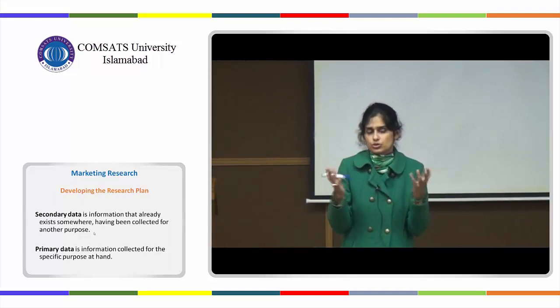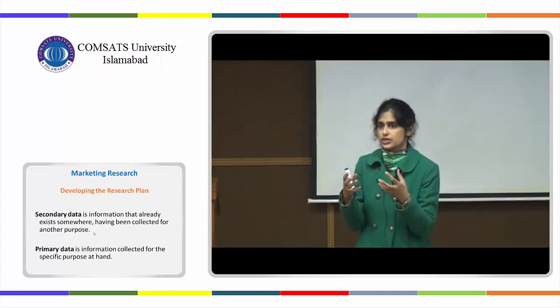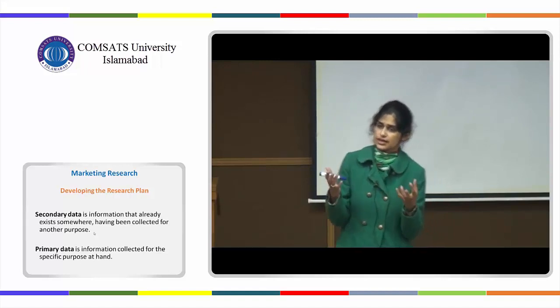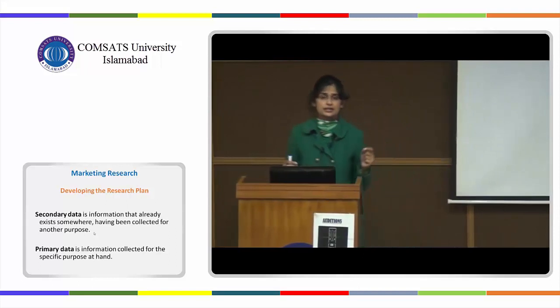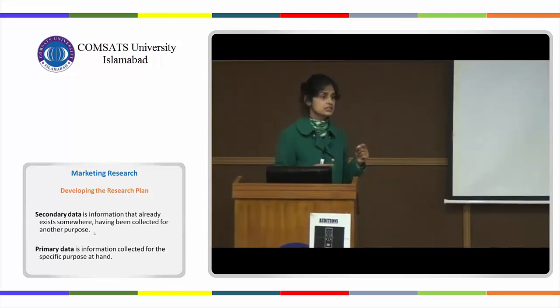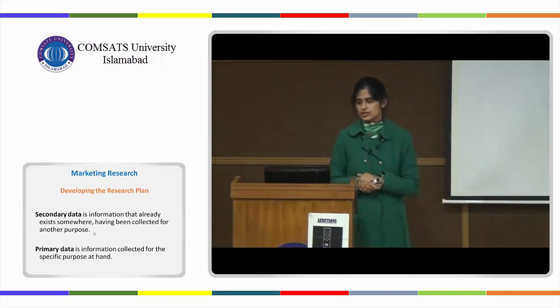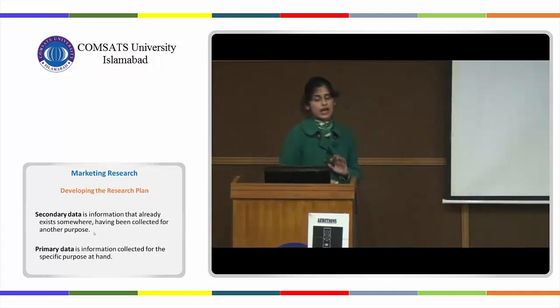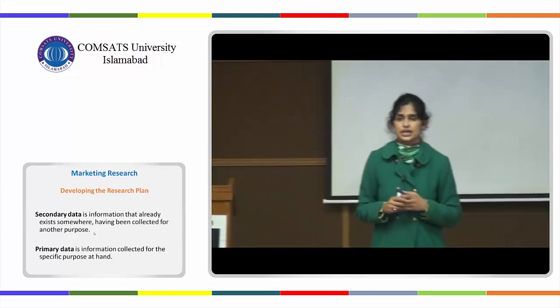So you could employ census, take data from there, that is secondary data that is there. You pick data from the internal database of your company, that is secondary data. So secondary data is information that already exists somewhere and it was collected for some other purpose maybe, right? So that is secondary data.